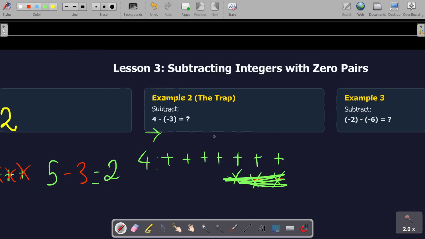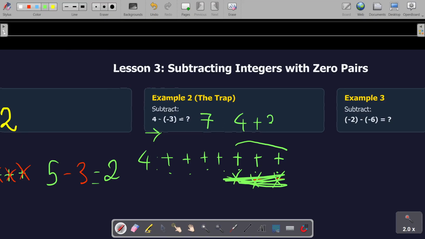Now what we have is the 4 originals plus 3 extra ones from the zero pairs. Let's count: 1, 2, 3, 4, 5, 6, 7. That is 7. So 4 minus negative 3 equals 7. Guys, just look at what happened. Subtracting negative 3 gave us the same result as adding positive 3.